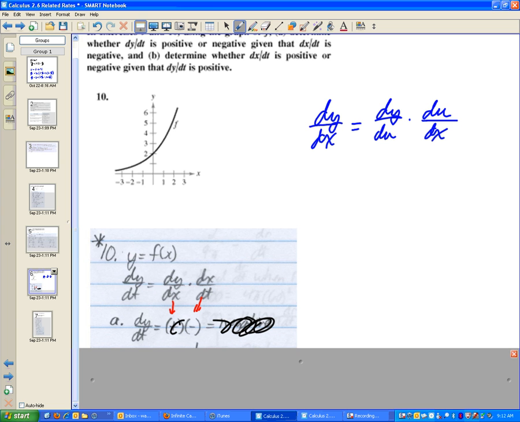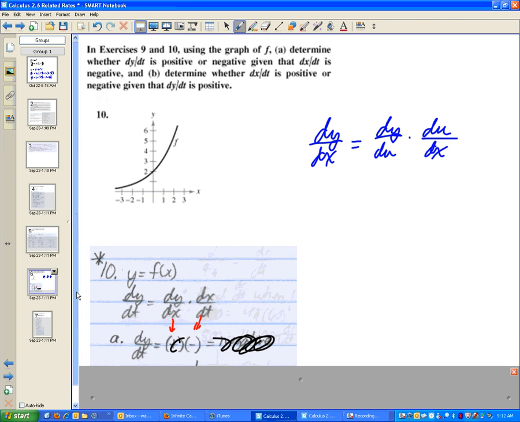All right, now, this is where the notation gets confusing. I struck through that because y is a function of x, but x is a function of t. So y does equal f of t, but as an intermediate step there, remember we used to call it y equals f of u?